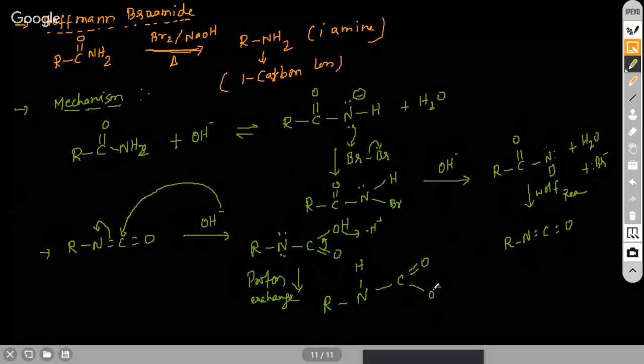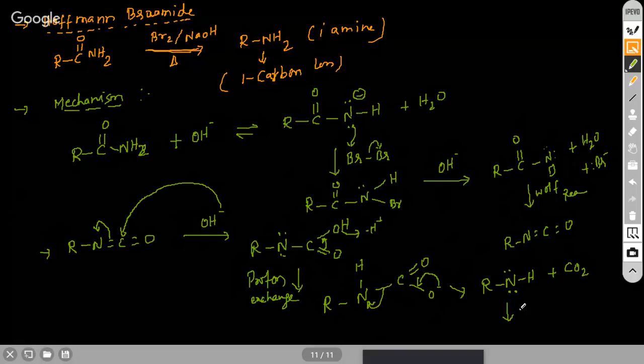Okay. Another, if you draw this structure, draw another form of this. This O minus comes over here. This nitrogen will take this bond pair and comes out as R and H with two lone pairs on it, plus CO2 goes out.